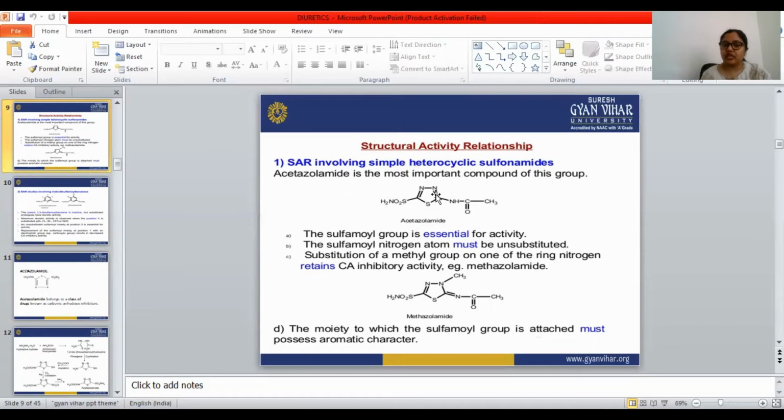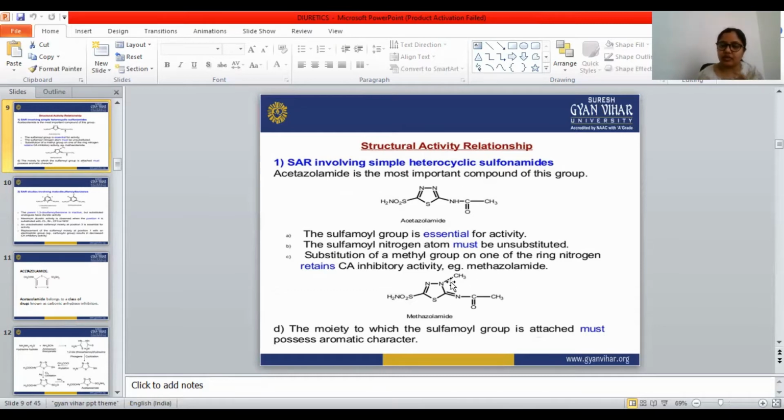This sulfamyl group is necessary for the activity of the carbonic anhydrase enzyme inhibitors, and the sulfamyl nitrogen must be unsubstituted. If we introduce a methyl group on one of the ring nitrogen atoms, that also shows carbonic anhydrase inhibitory activity, and the drug's name is methazolamide.